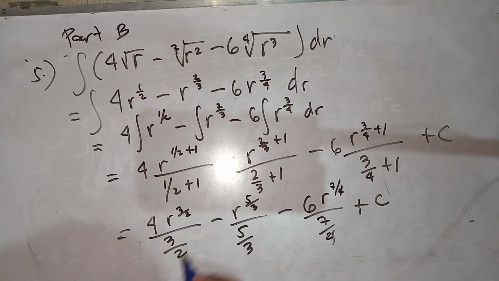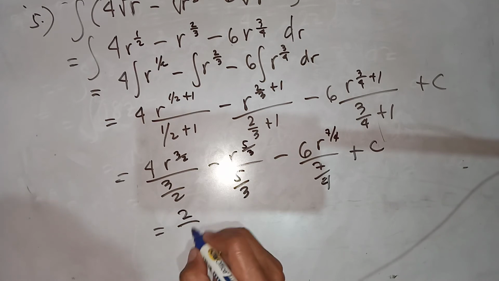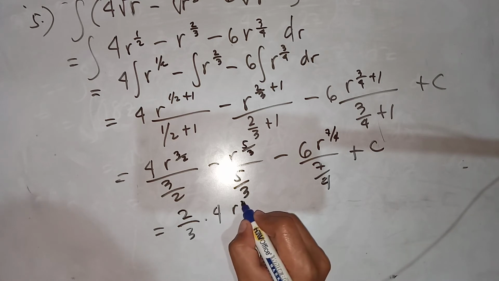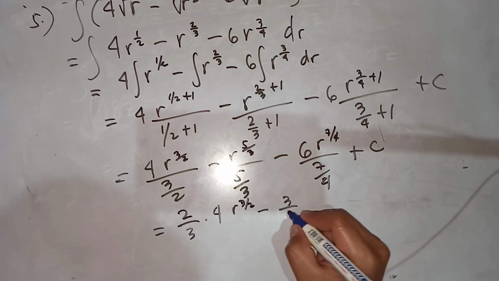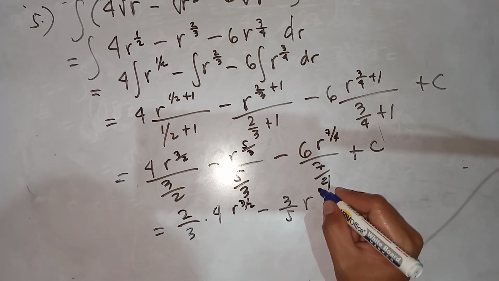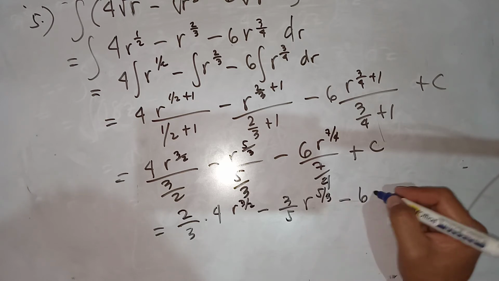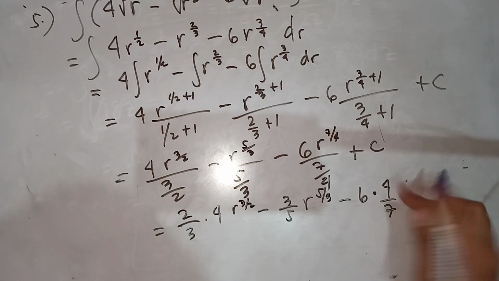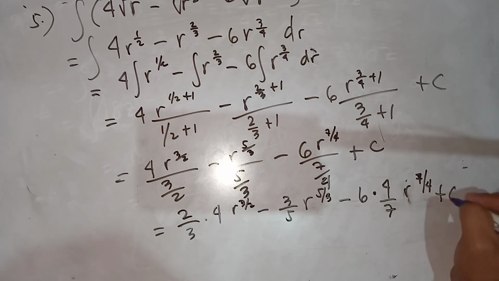This becomes 2 over 3 times 4 r raised to 3/2 minus 3/5 times r raised to 5/3 minus 6 times 4 over 7 r raised to 7/4 plus c.